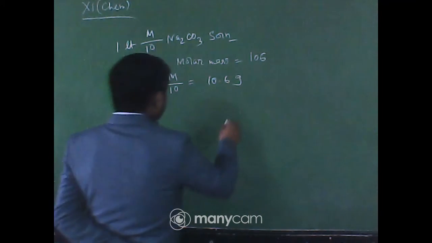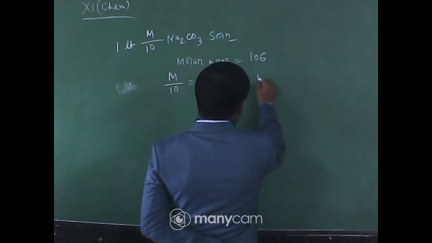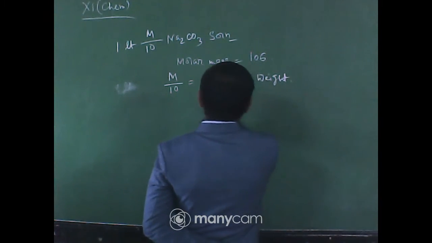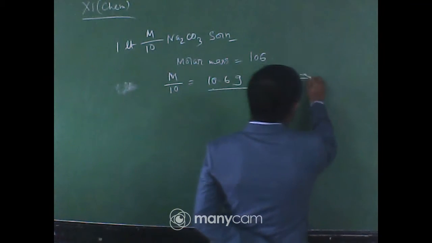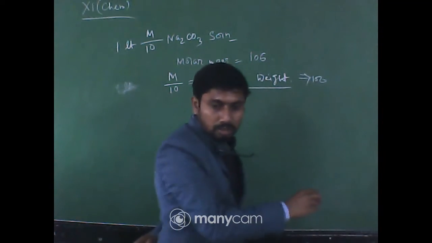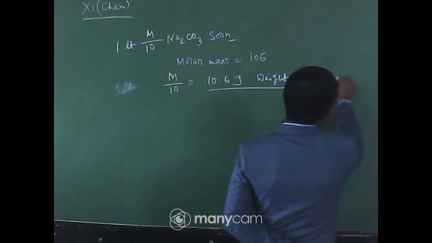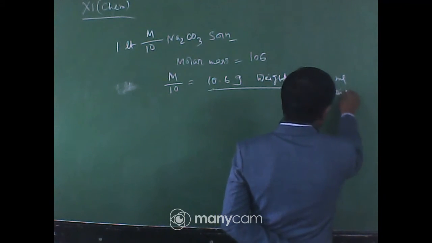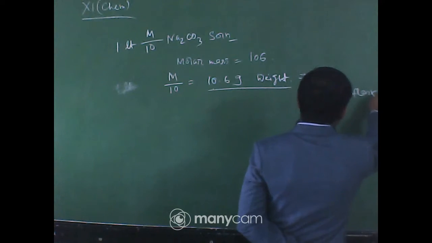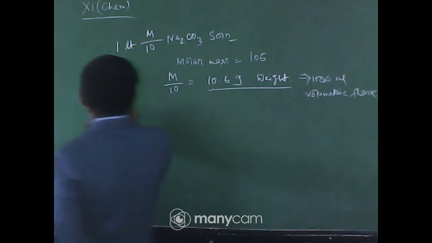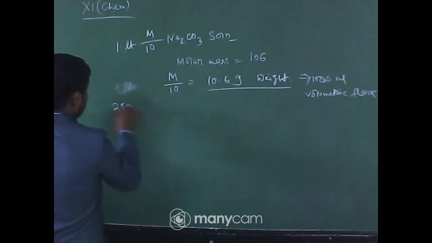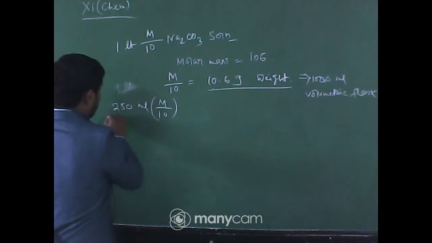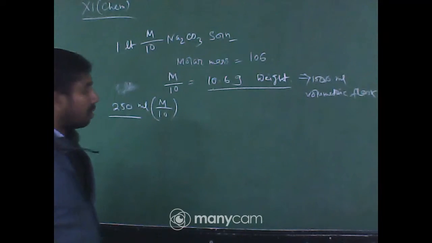It should be weighed and taken in a 1000 ml volumetric flask. But basically what we do is prepare 250 ml of M/10.